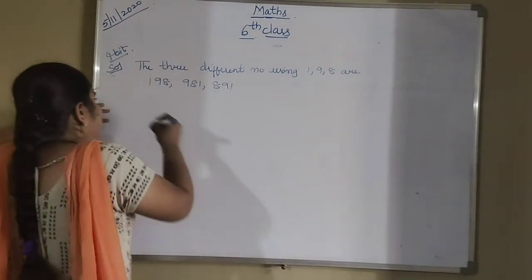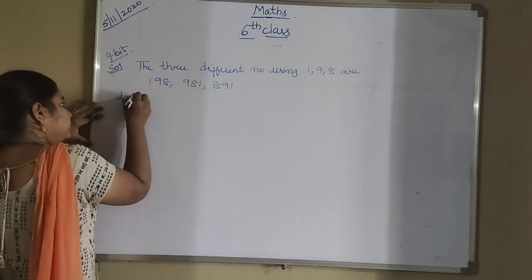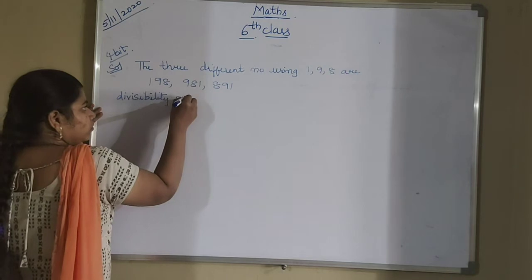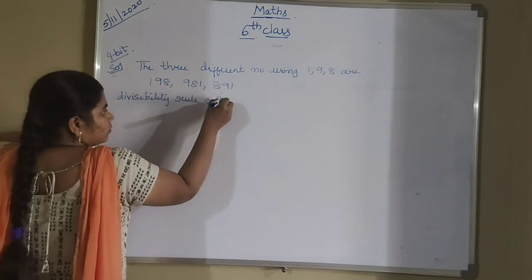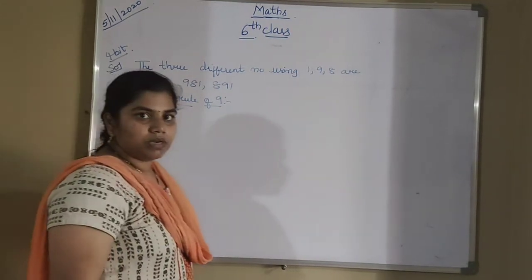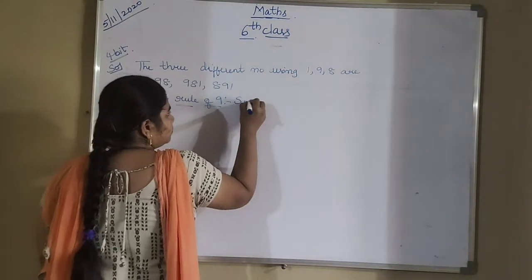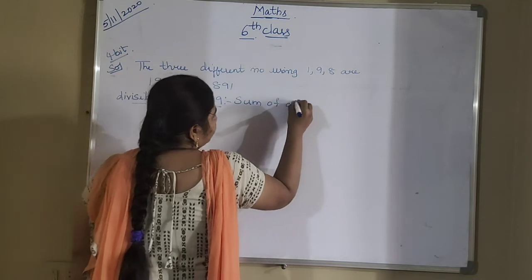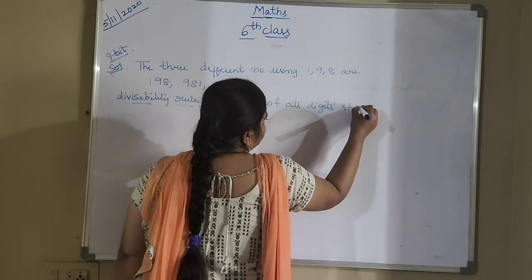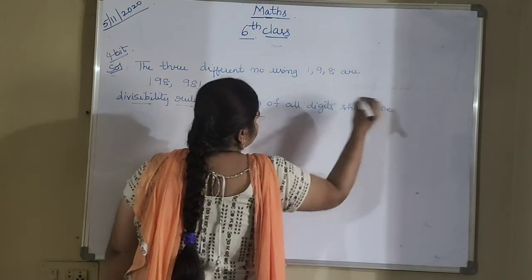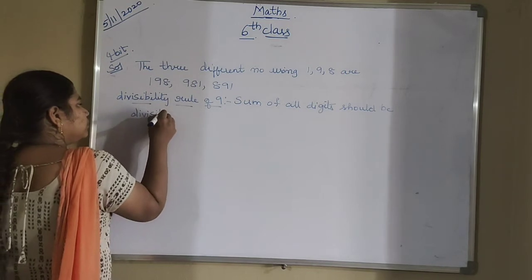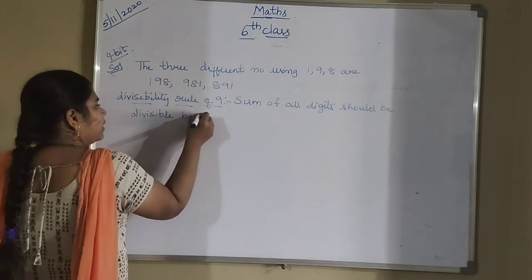So what is divisibility rule of 9? Sum of all digits should be divisible by 9.